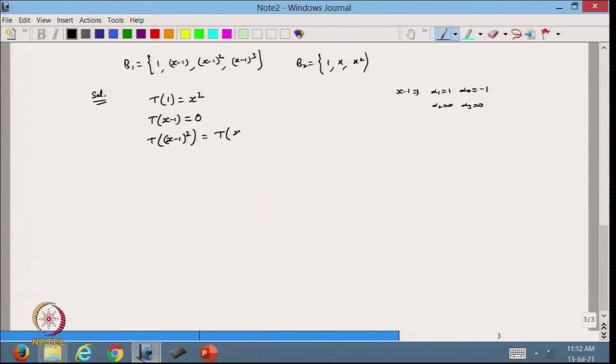T of x minus 1 square, that is x square plus 1 minus 2x. So, this is what we want to find out. From here I have alpha 2 is 1, alpha 0 is 1, alpha 1 is minus 2 and alpha 3 is 0.